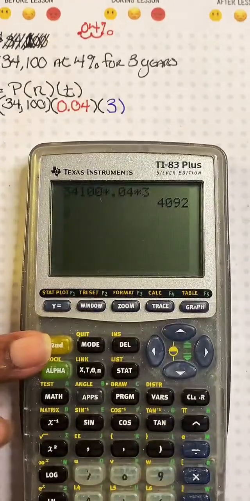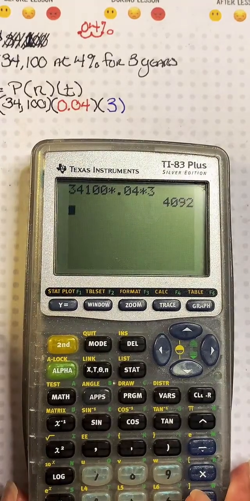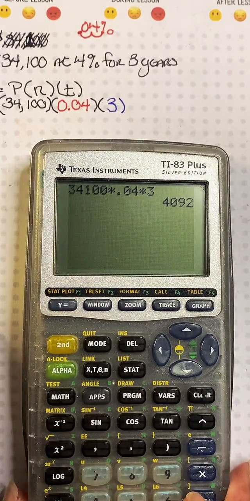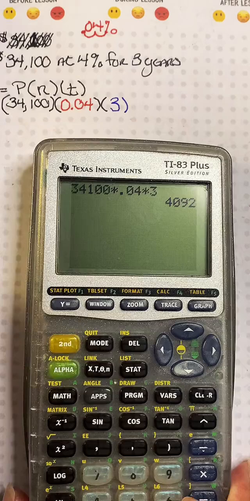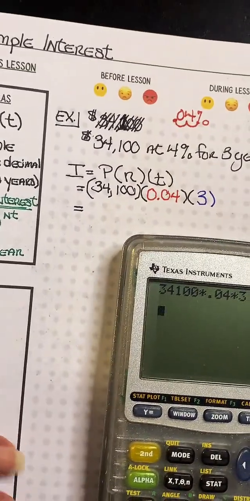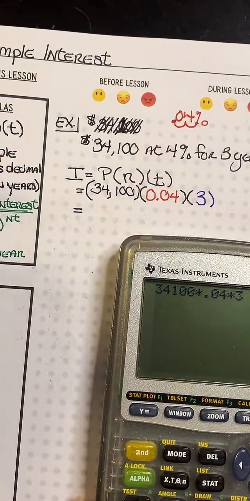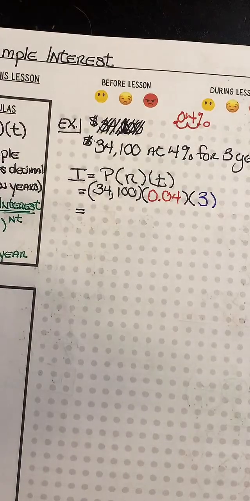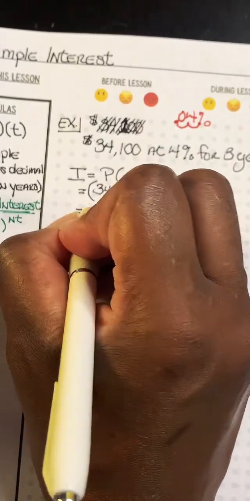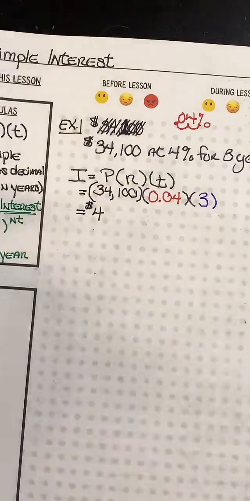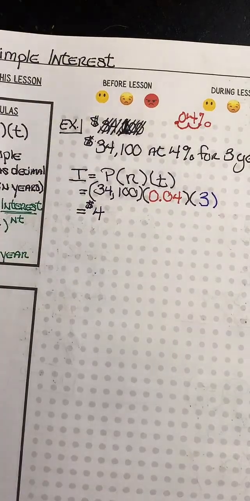And that will give us our equivalent of $4,092. So that's how much interest, at 4% for 3 years, when you invest that $34,100. That's going to be your simple interest, okay? So don't think, oh, I'm rich. Yeah, no. Just keeping it simple.